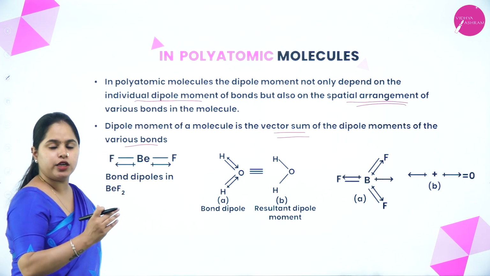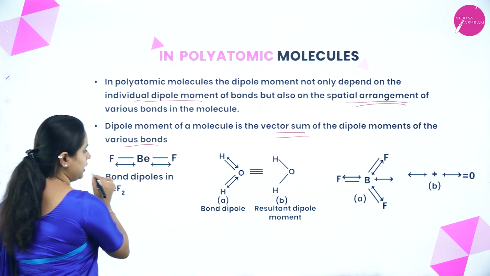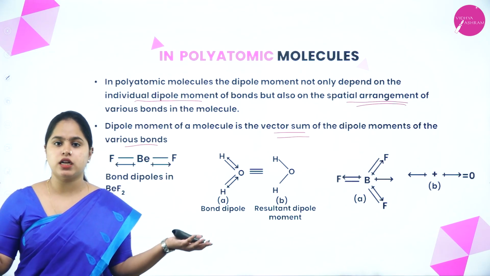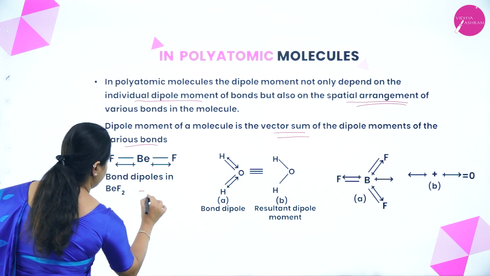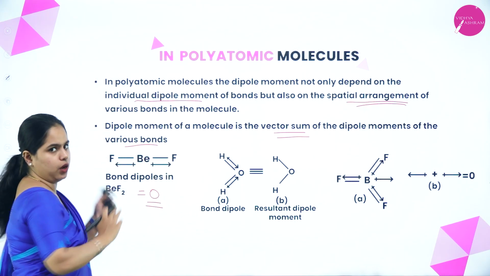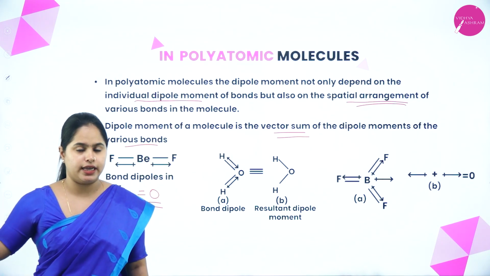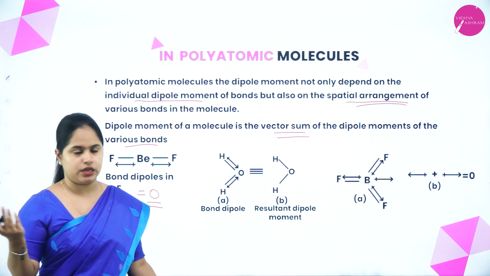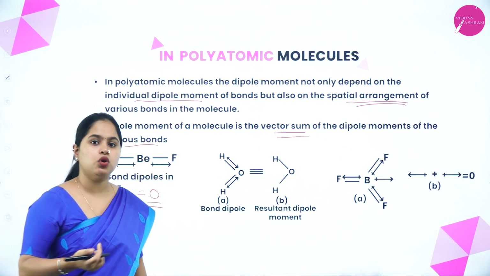From the less electronegative to the more electronegative one. So the direction will be here and here. As you can see, both are in opposite directions. So what happens? The net dipole moment will be 0 here. They cancel out each other. One towards that direction and one in this direction means they cancel out each other. So the net dipole moment will be 0. Now moving on to water.